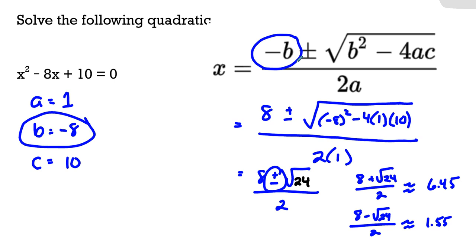So that's how we use the quadratic formula. x is equal to the opposite of b, plus or minus the square root of b squared minus 4ac, all over 2a. You'll always be able to write that down and have that somewhere.